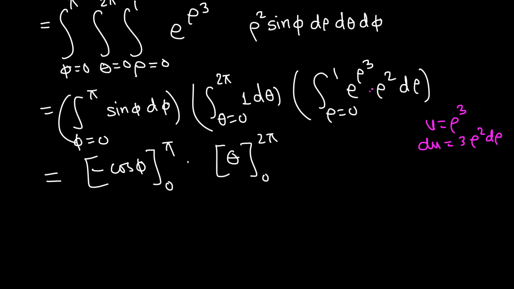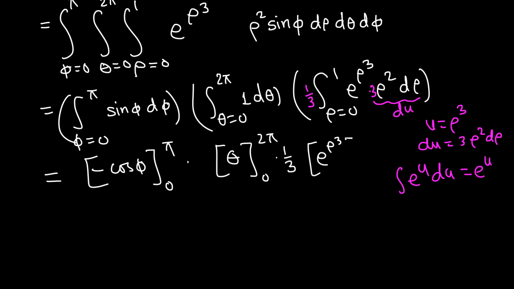We don't have the 3, but we can multiply by 3 and divide by 3. That makes this whole thing e raised to u du. So we have e to the u du, which is just e raised to u. In this case, 1/3 is an outside number, so e to the u, which is rho cubed, and we go from 0 to 1.